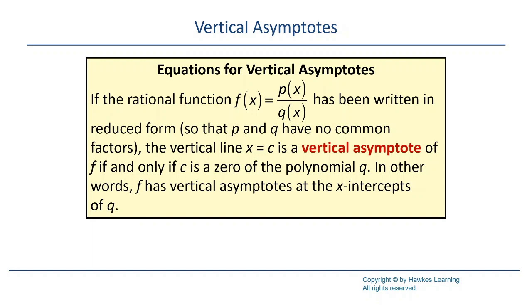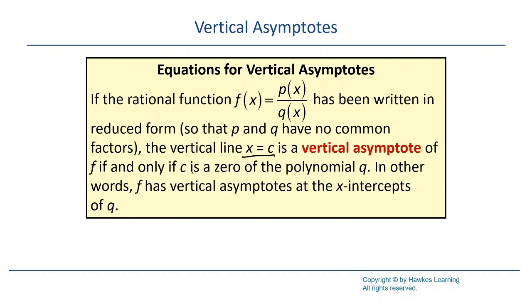And so when we talk about the equation for a vertical asymptote, it's always just x equals c. Now, it's an if and only if, which means you can read the statement left to right or right to left, and it's still true. So the vertical line x equals c is a vertical asymptote of f if and only if c is a zero of the polynomial q.